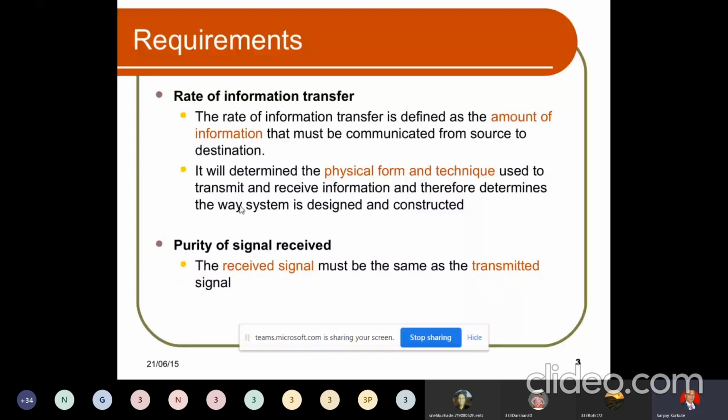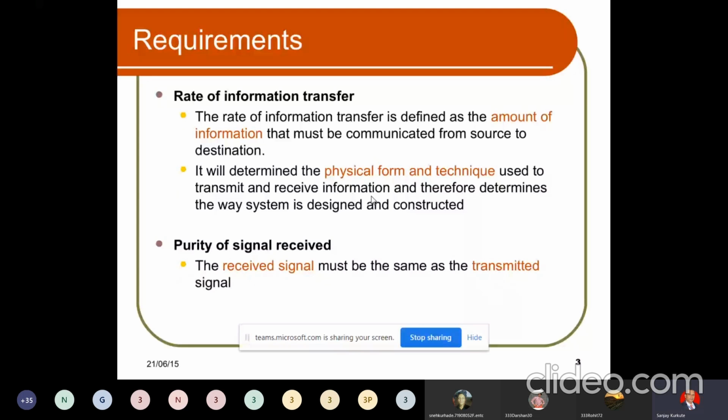Then second, it will determine the physical form and technique used to transmit and receive the information. Therefore, it determines the way the system is designed and constructed. So rate of information transfer is nothing but the amount of information that is to be transferred.